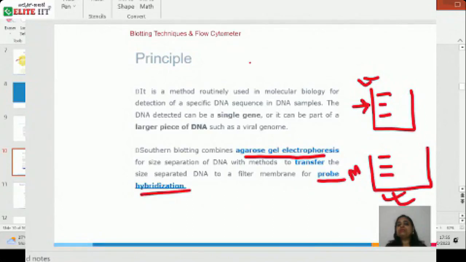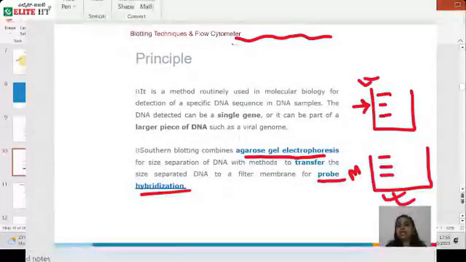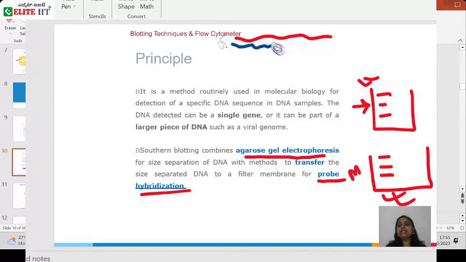I told you, if you consider one single stranded band on the nitrocellulose membrane, on the single stranded band you have to add a probe, one short chain single strand, and with the probe one radioactive compound is attached. This is known as the hybridized DNA.